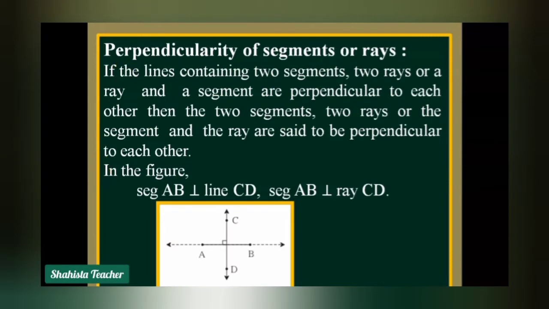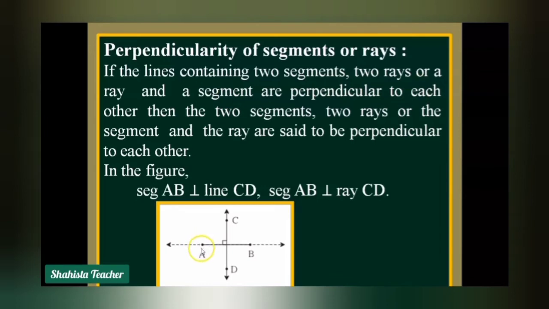Now students, let's learn perpendicularity of segments or rays. Here, if the lines containing two segments, that is segment AB and segment CD, two rays. So here, this is the ray. So we can see here this CD and AB are two segments. Now here, two rays or segments are perpendicular to each other.